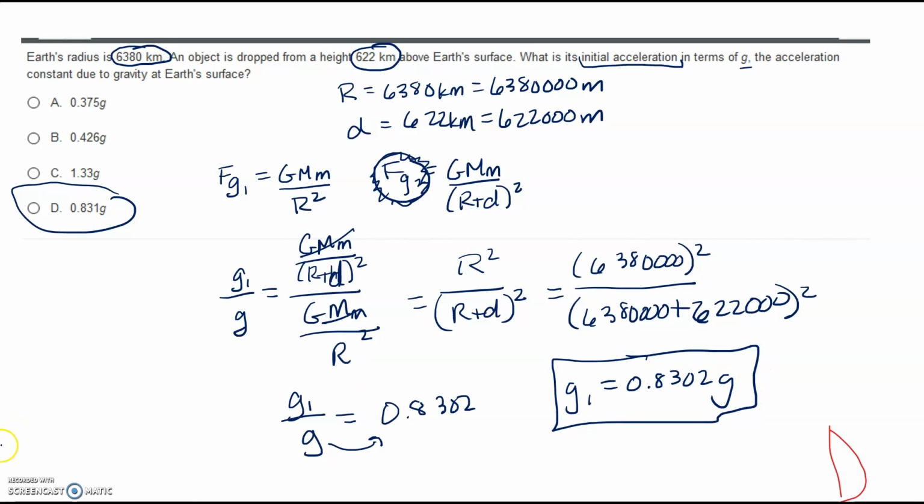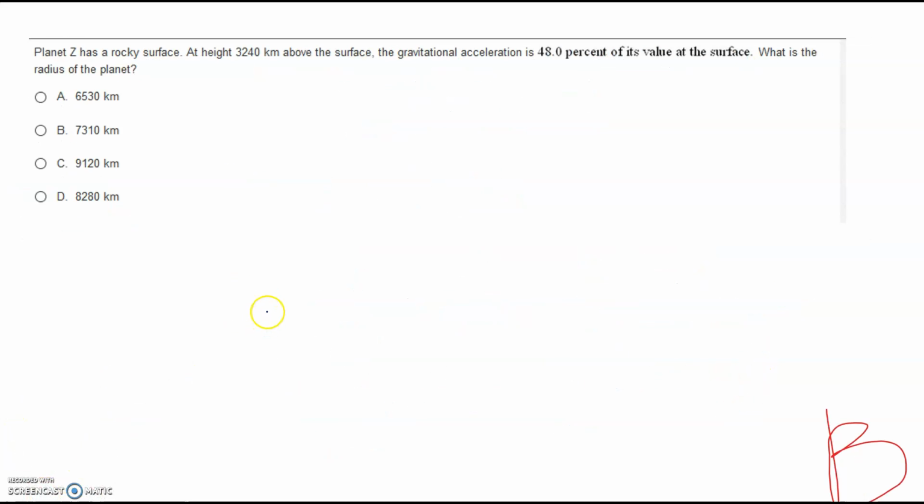That was a rough problem. Oh, planet Z. Okay, this one also threw us for a loop, but okay.